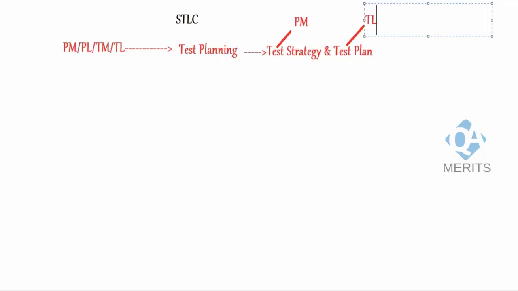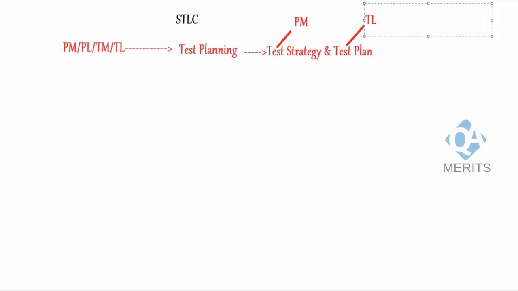So the first phase is the test planning phase. Who are the people involved? Project manager, project lead, team manager, team leads. The role of these people is preparing the test strategy.